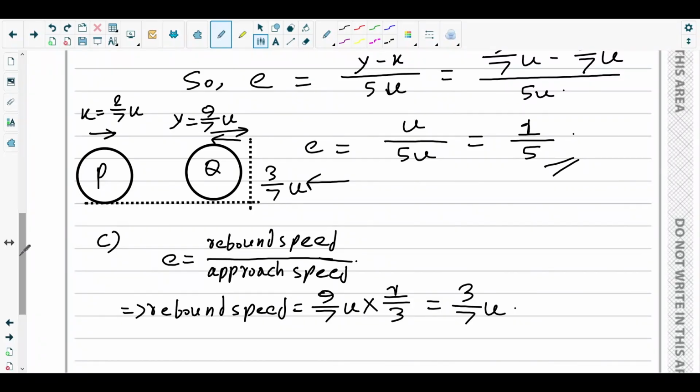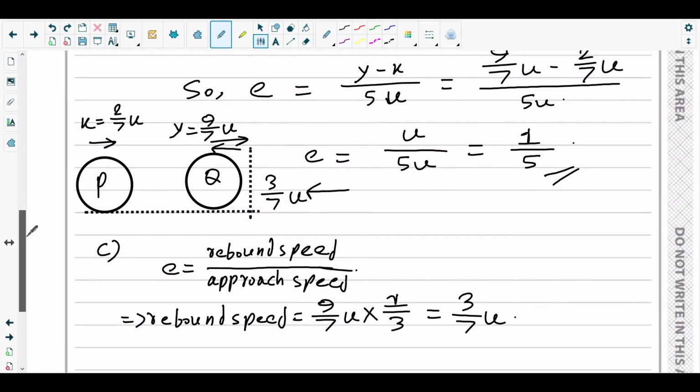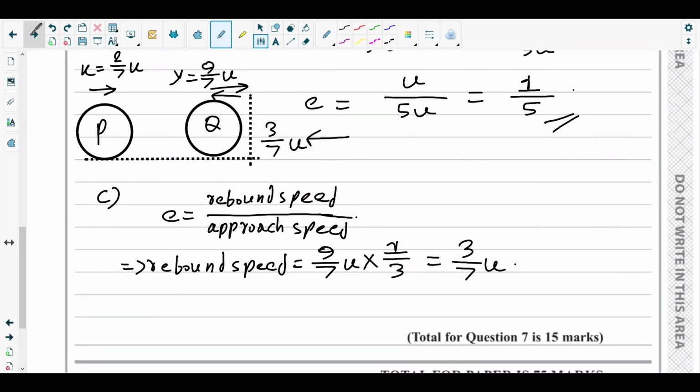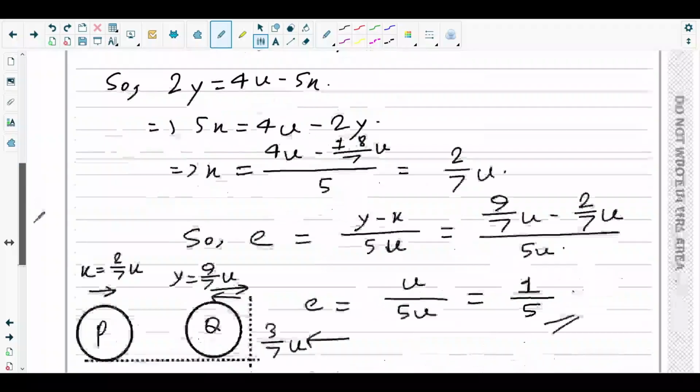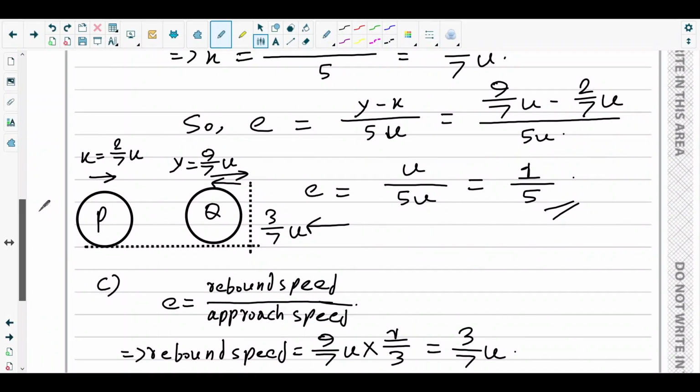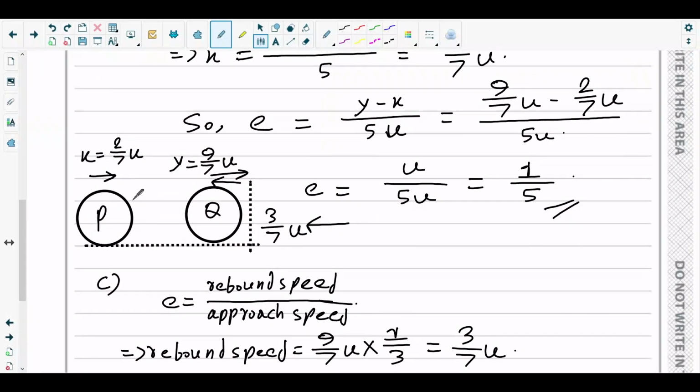Now, particles P and Q will meet each other again. As they meet each other again, let's have a look. We will consider the conservation law of momentum again, because to consider the impulse received by particle Q, we have to consider the velocity.